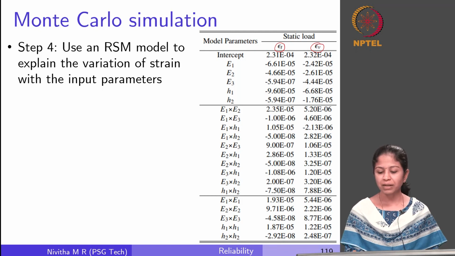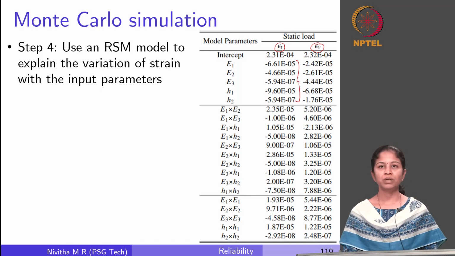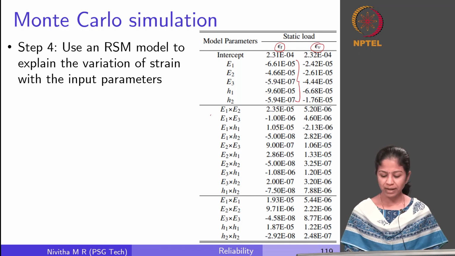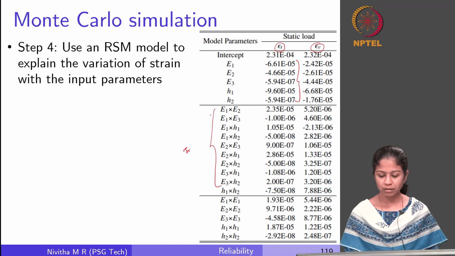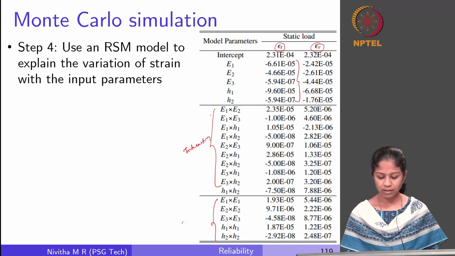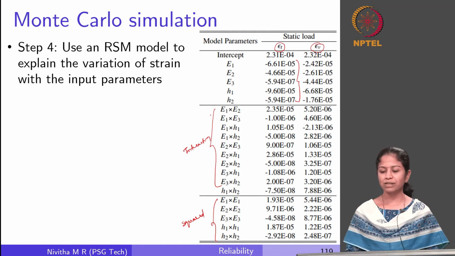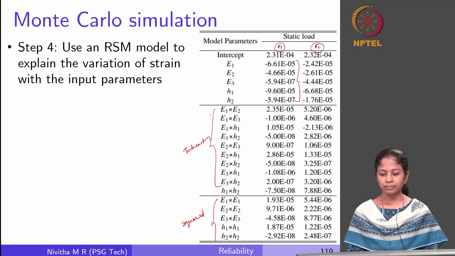So we have the intercept, E1, E2, E3, H1, H2, the influence of individual terms, then the influence of interaction terms, and the influence of square terms.